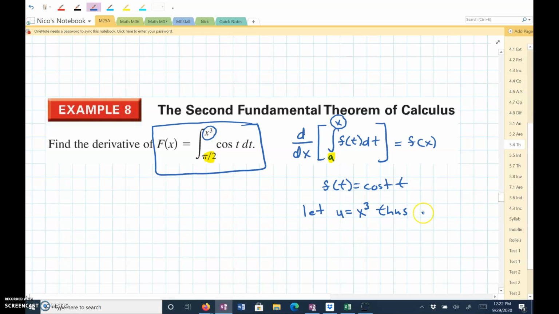Thus, the derivative of u with respect to x is equal to 3x squared. Okay, and if we look at our problem here, I'm going to take the derivative with respect to x of the integral from pi halves to x cubed of cosine of t dt.